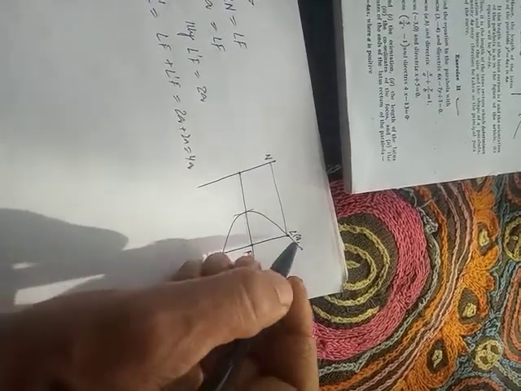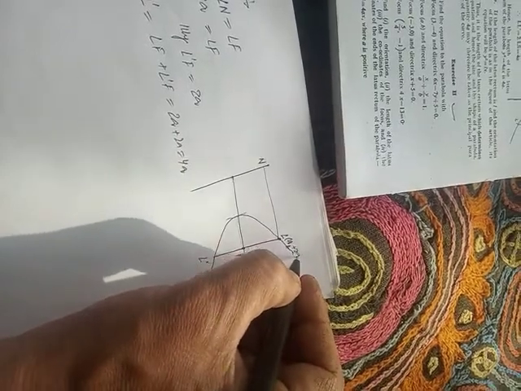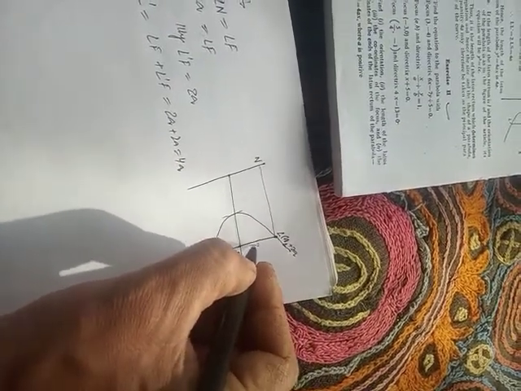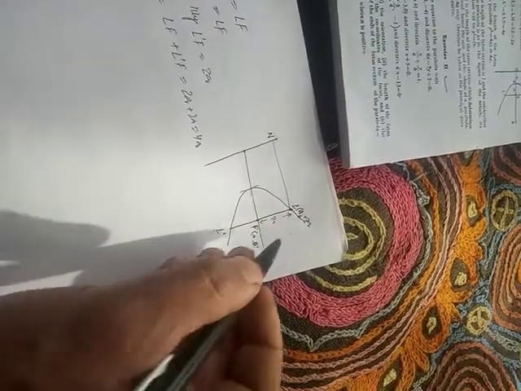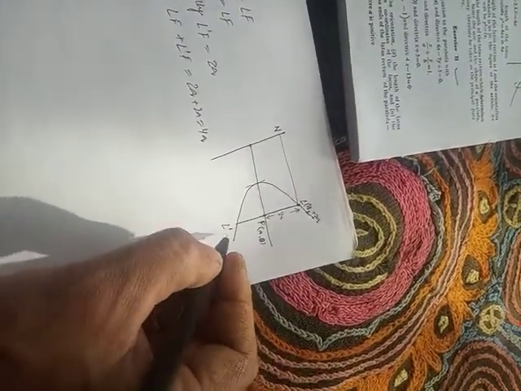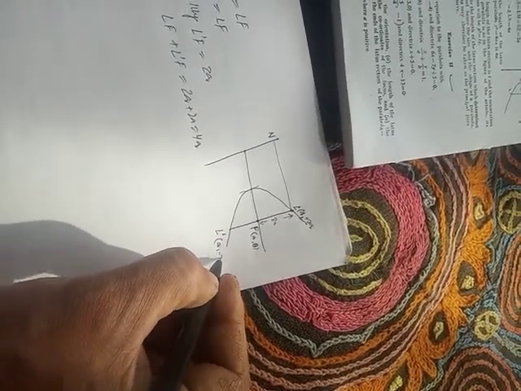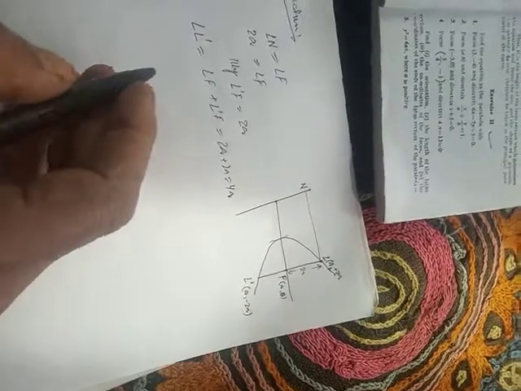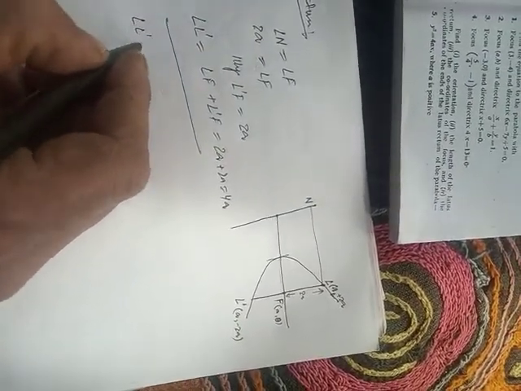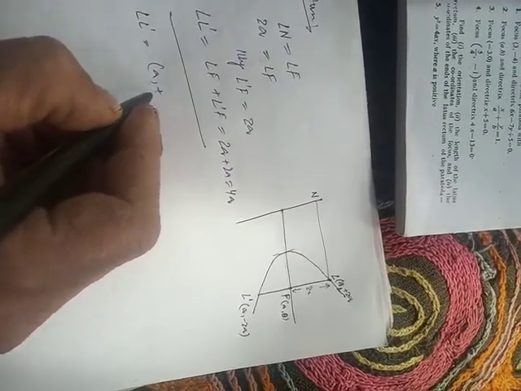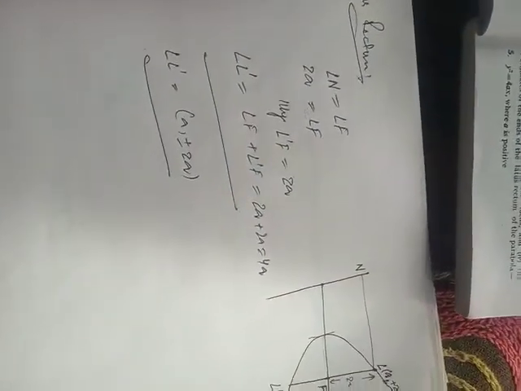As this is a, it will be plus 2a. That means this distance is 2a, so its coordinates will be (a, a plus 2a), and the coordinates of L dash will be (a, minus 2a). So we can say that the coordinates of LL dash will be (a, plus minus 2a).